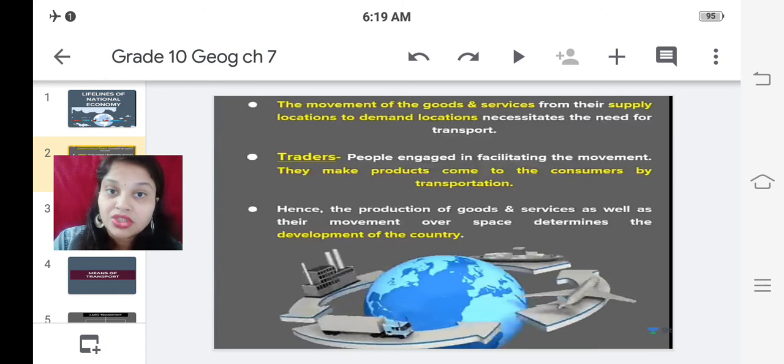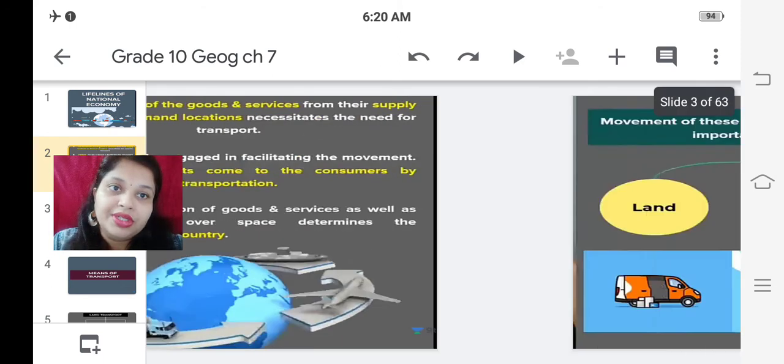If your transportation is taking place in ample amount, that means your country is developing, or it has developed, right? So the production of goods and services as well as their movement over space determines the development of the country.